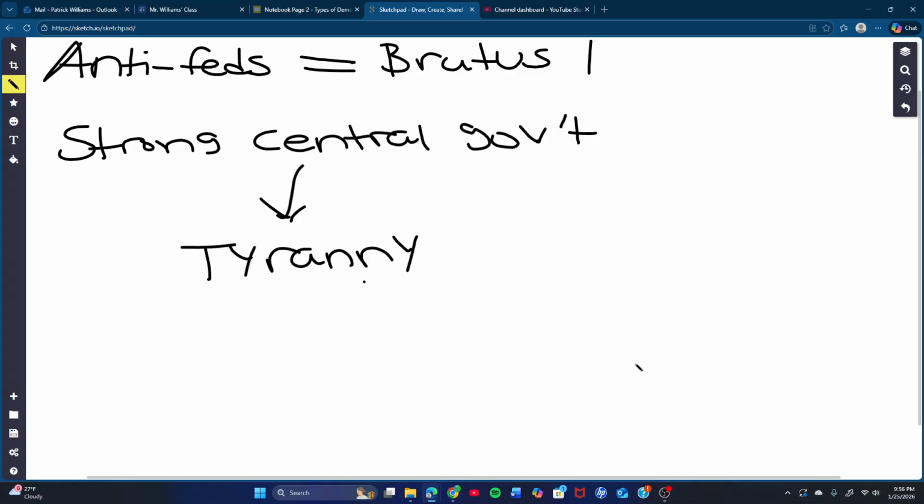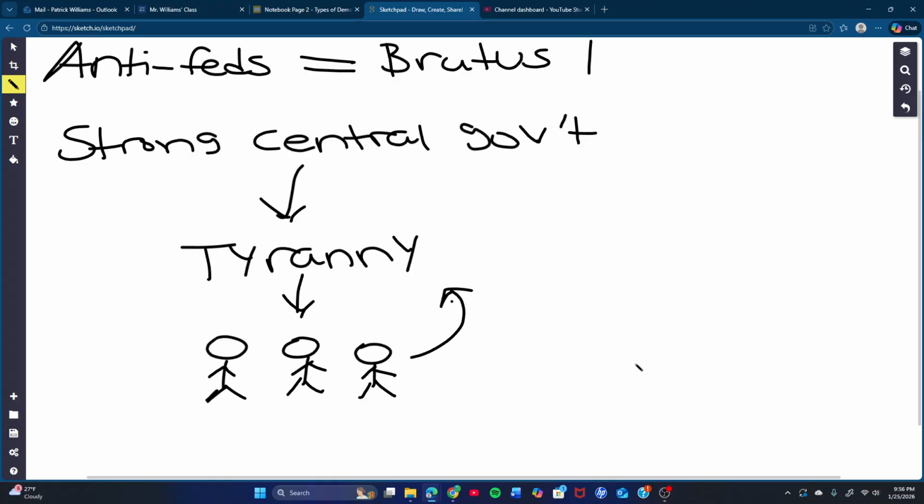Strong central government can create tyranny because the people who were once normal are far removed from reality now. They're no longer representative of the people, and in a sense, they can become a bit tyrannical. They rule without considering other people. So that's something the anti-feds really, really were big on and worried about.